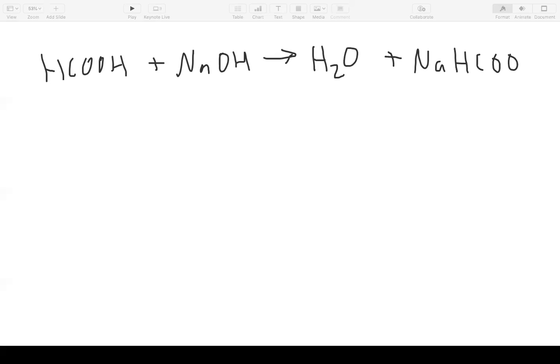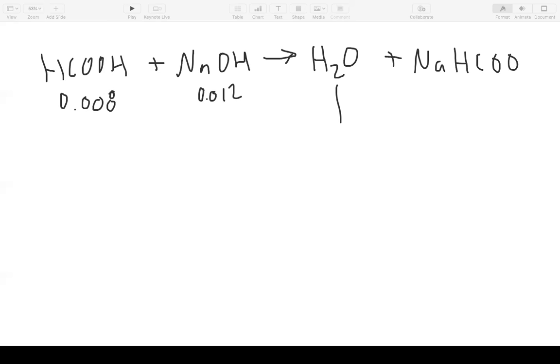And we can do our ice table for this one. Water, we know we don't care about. And then our initial concentrations of these two, NaOH is 0.012, and our formic acid is 0.008.